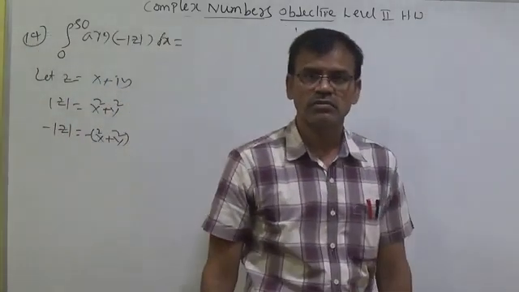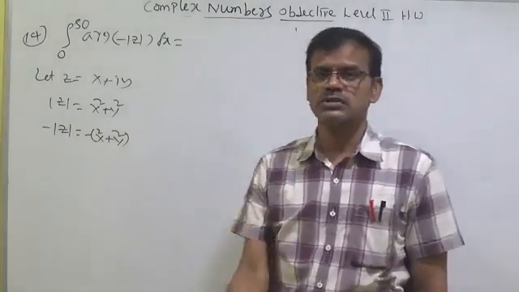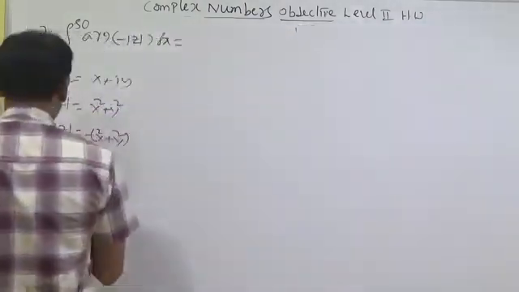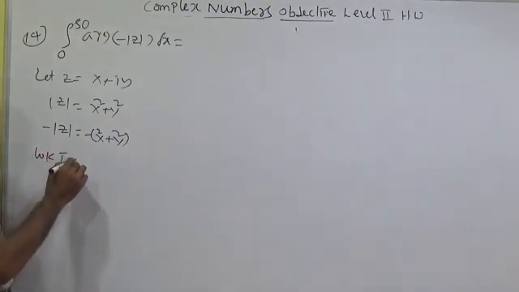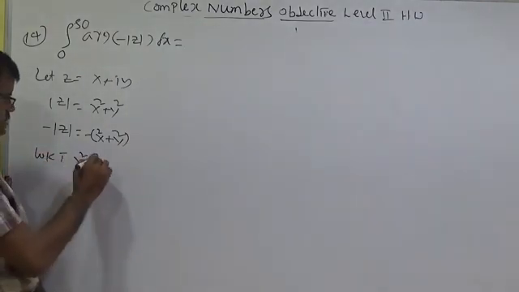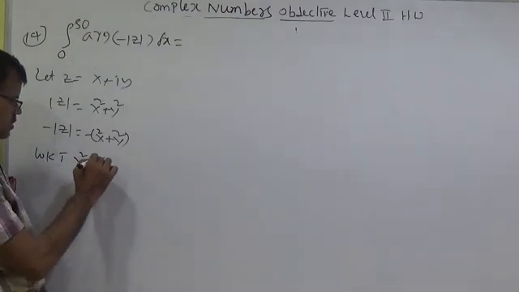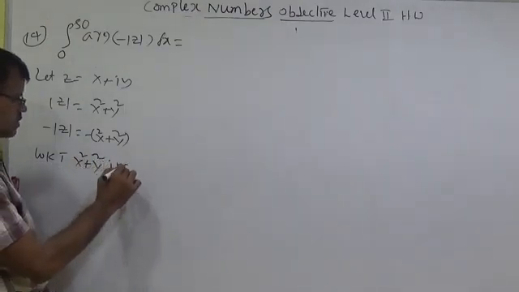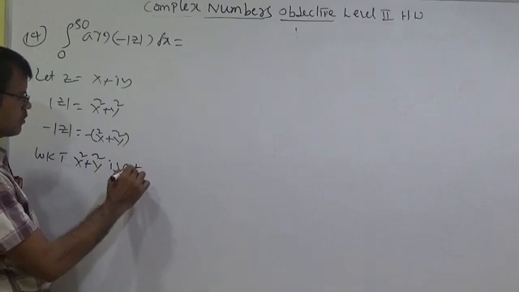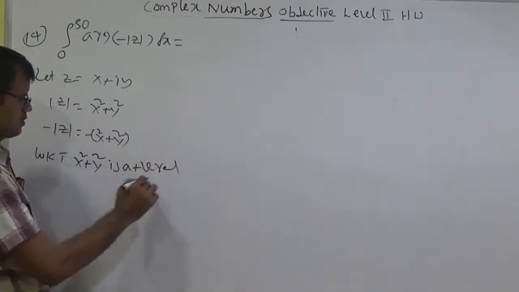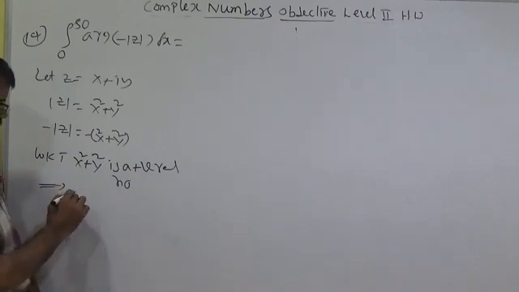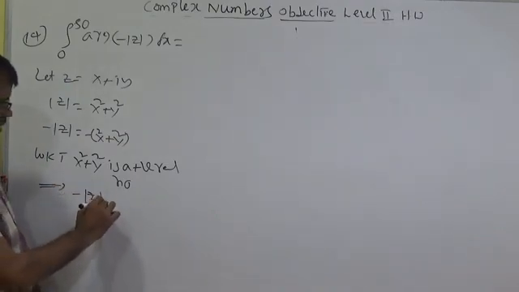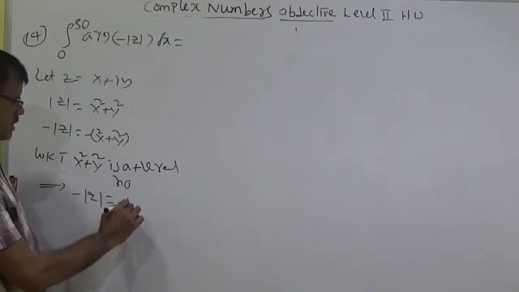We know that x square plus y square is a positive real number because every square is positive. That implies minus modulus z is a negative real number.